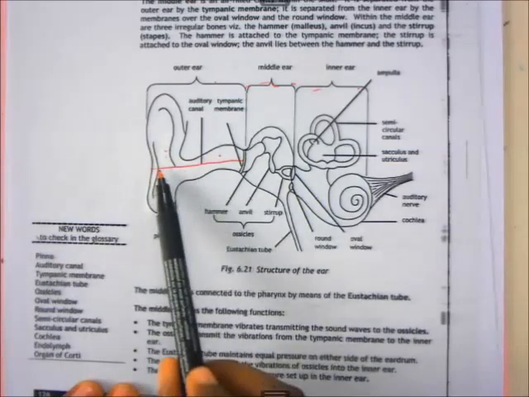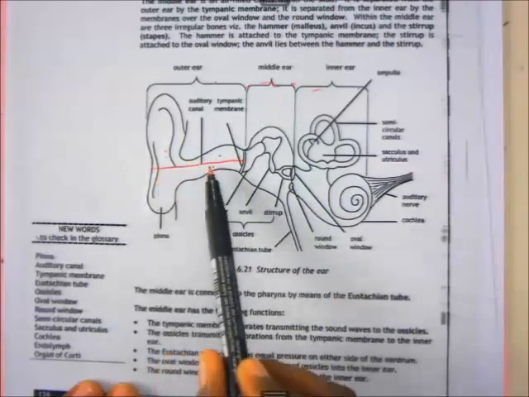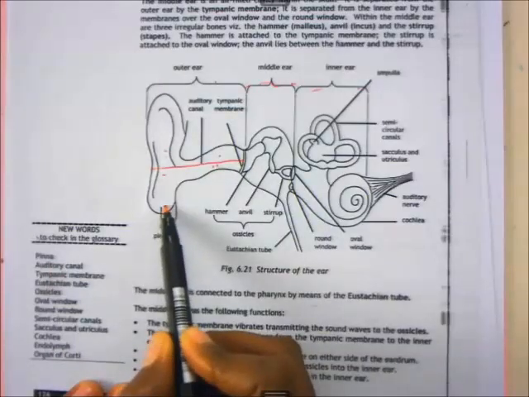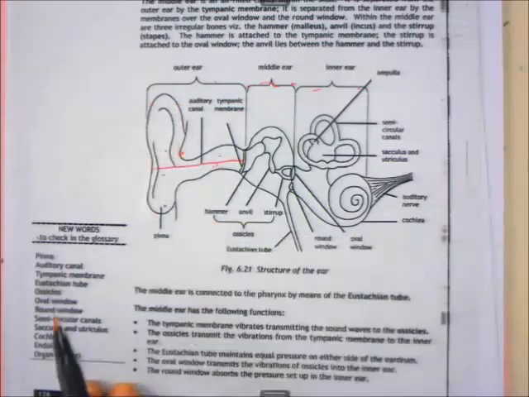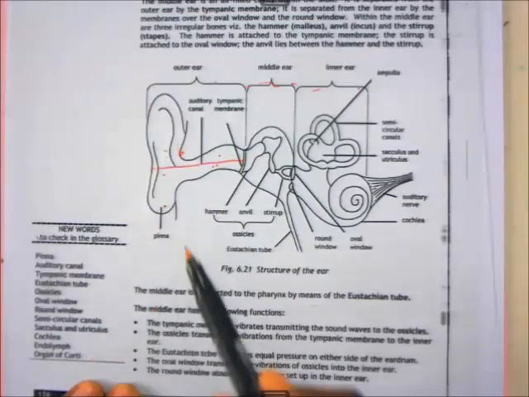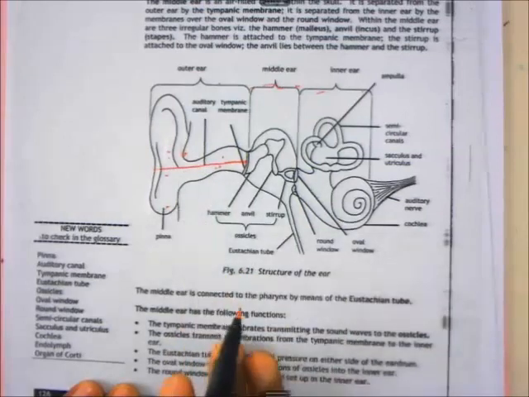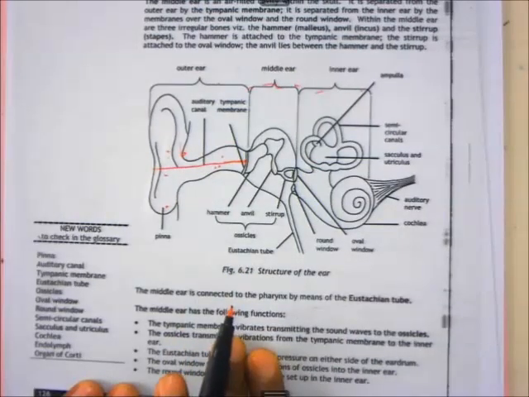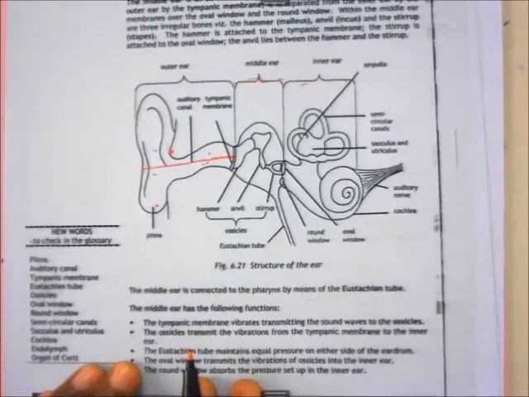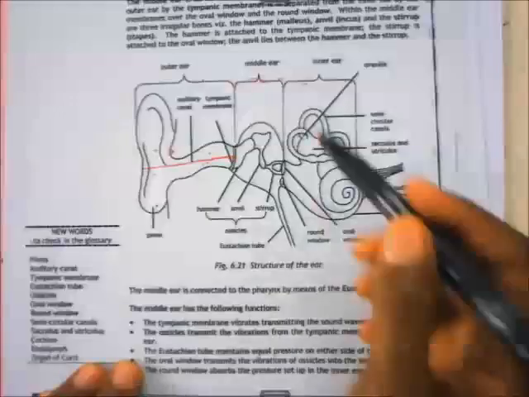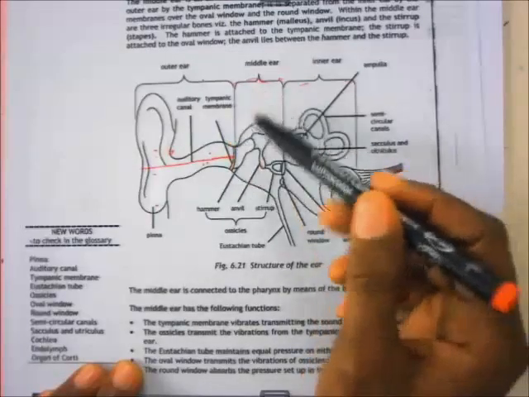The first is the pinna. The whole of this structure is referred to as the pinna. Secondly, there is a canal here, which is called the auditory canal.